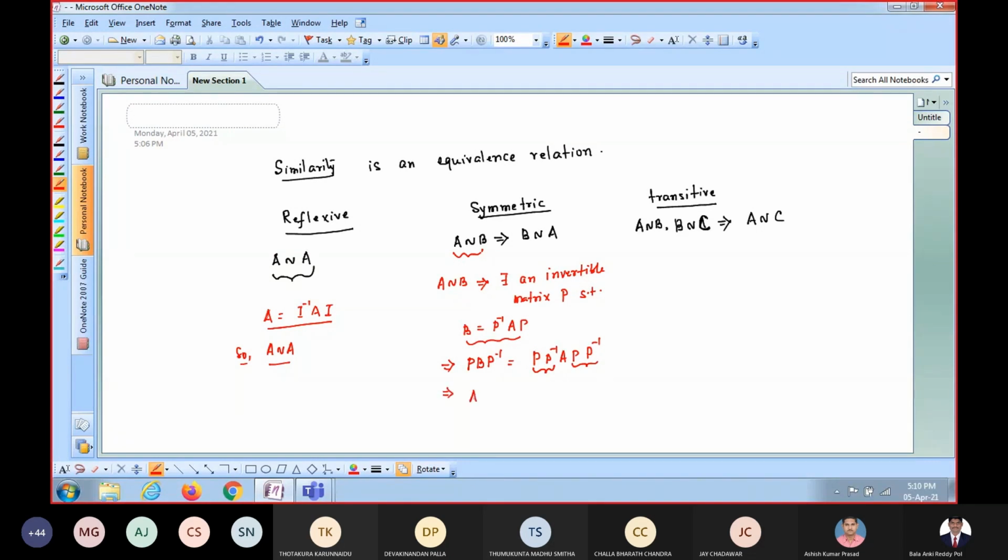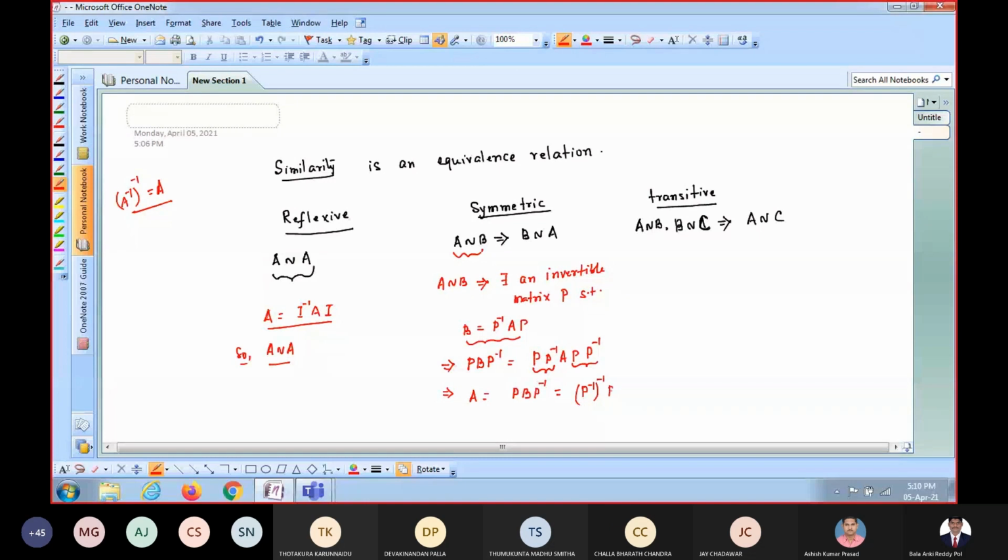So I can write A as P inverse, and you know that in matrix theory, inverse of A inverse is A. So I write P as inverse of P inverse B into P inverse.